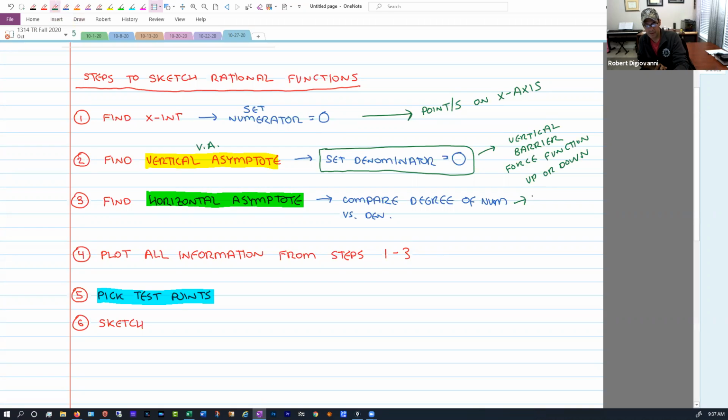This is a horizontal line at the end of the graph which pulls the function towards it.